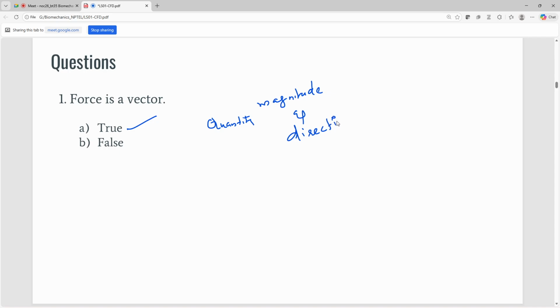We need these two things to completely specify a force: how much the force is, and in which direction it is acting.